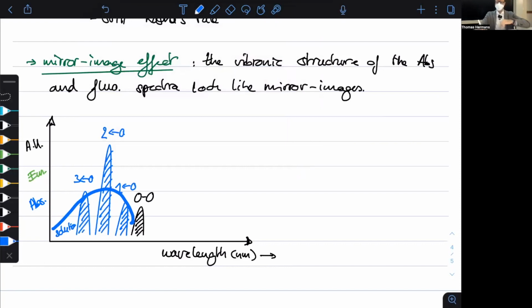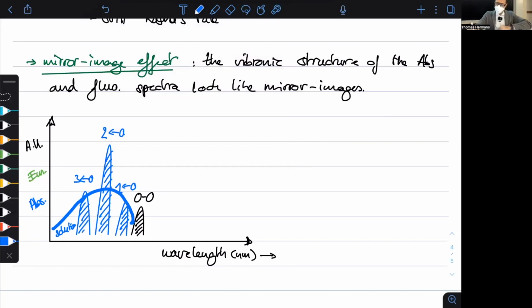When you do the measurement, you will see this broad blue thing, but underneath are these progressions. Depending on your molecule and your solvent, you will see sharp peaks or broad peaks. These little features on this absorption, you call them the vibronic transitions. They are because of these vibrational levels.